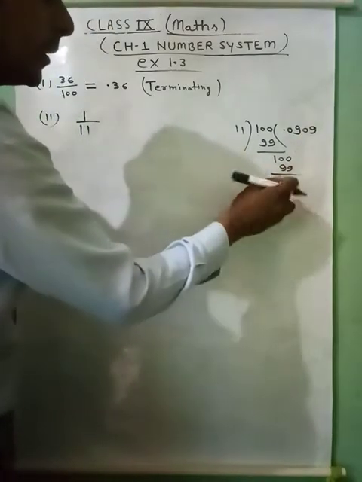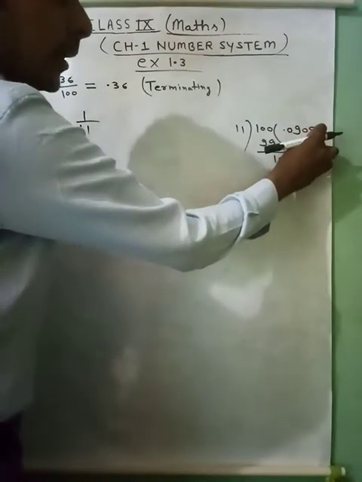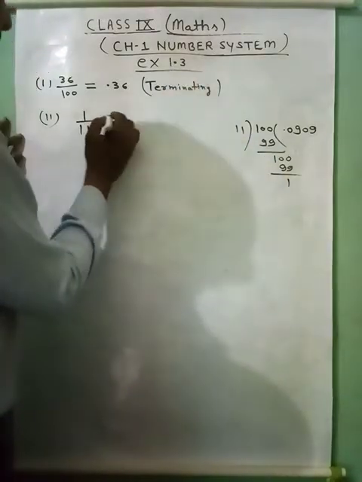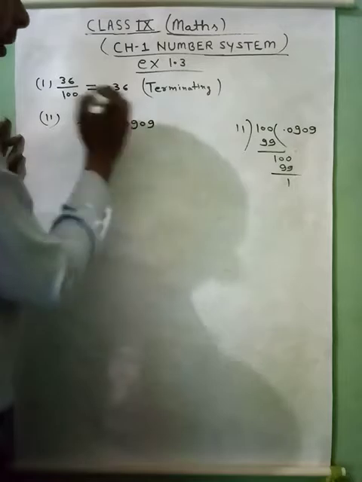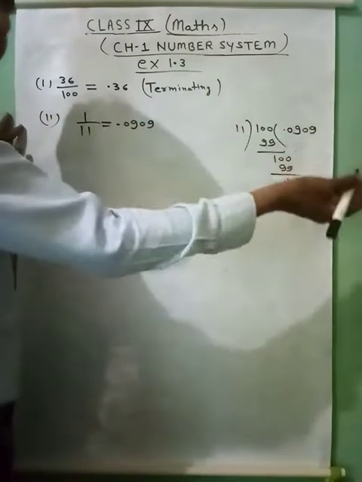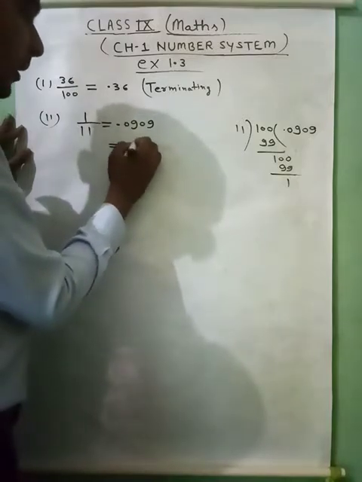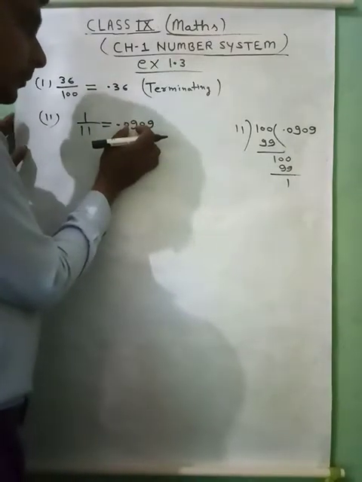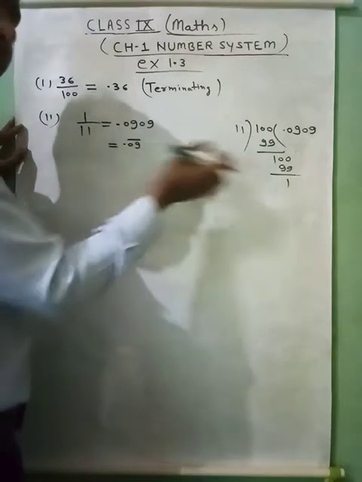So we see here it's repeating: 0.0909. It's repeating and the remainder always becomes 1. So we can write it as 0.0909. The two digits 09 and 09 are repeating, so we can write it as 0.09 bar, because two digits are repeating. The bar can be written above the two digits.